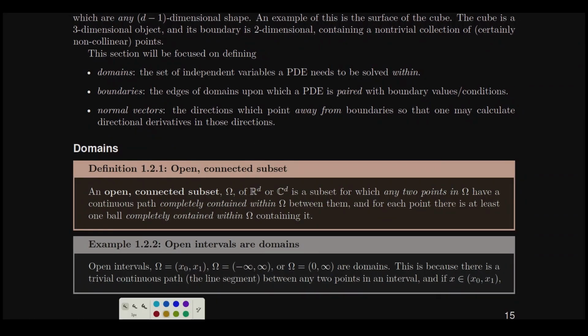So let's go back really quick to the idea of solving a PDE over a rectangular prism. It may be quite relevant to calculate the directional derivative of our solution in all of these directions that point out of the rectangular prism.